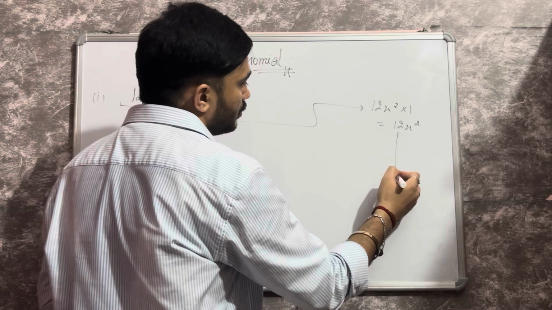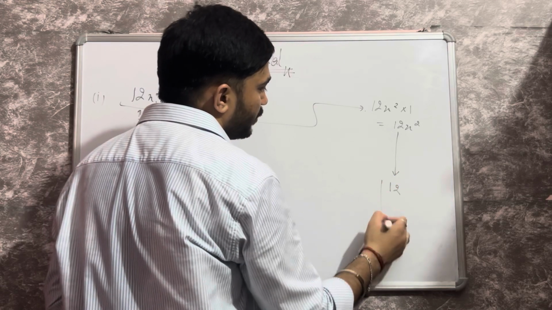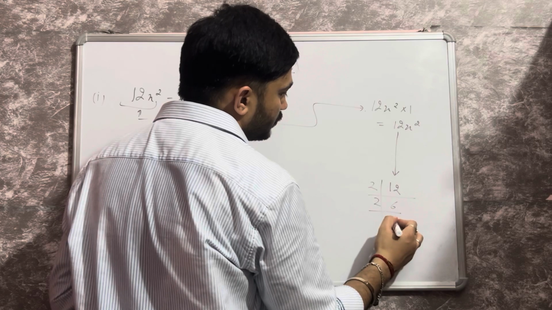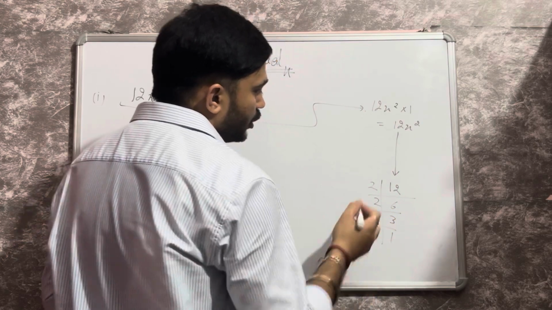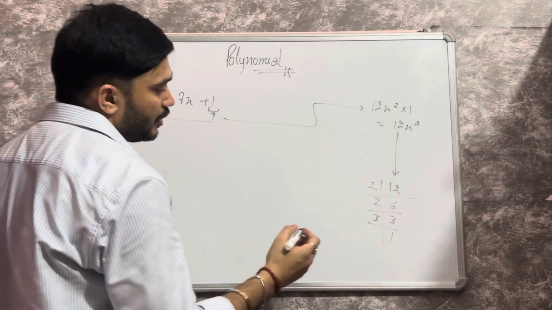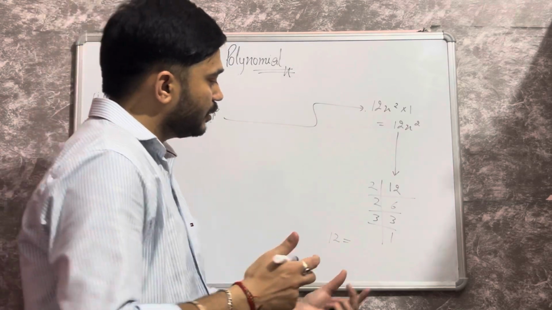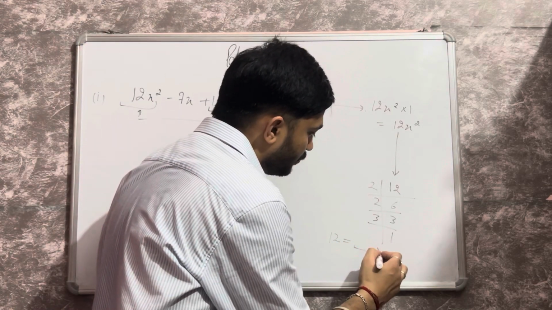Now take this 12 and prime factorize it: 2, 6, 2, 3, 3, 1. So you have 3 numbers. Now you have to write 12 and get 2 numbers from these 3 numbers.